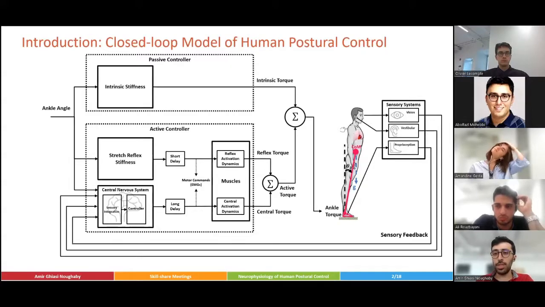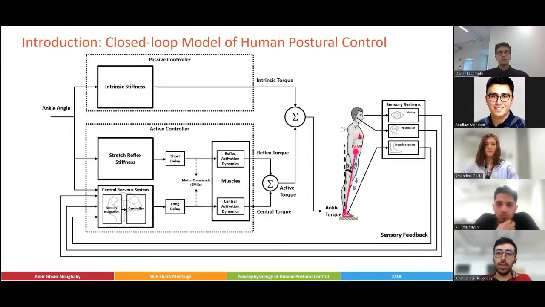But this deviation can be sensed by different sensory systems, including vision, vestibular, and proprioception. Each of these sensory systems has its own perception of this deviation from the upright posture.